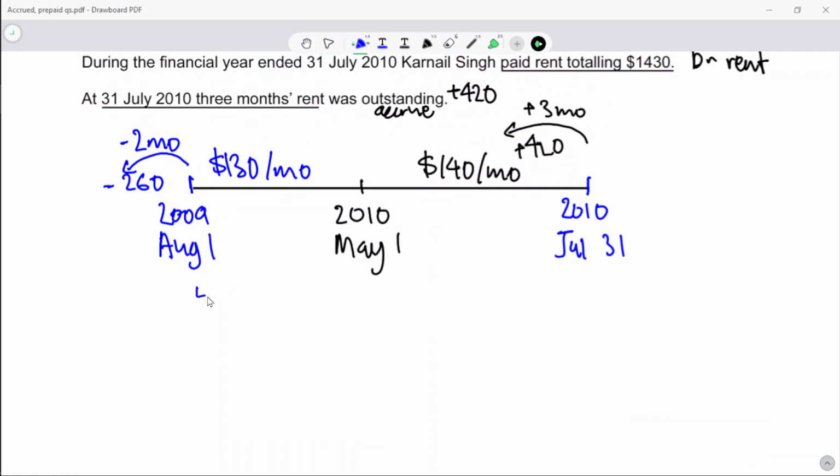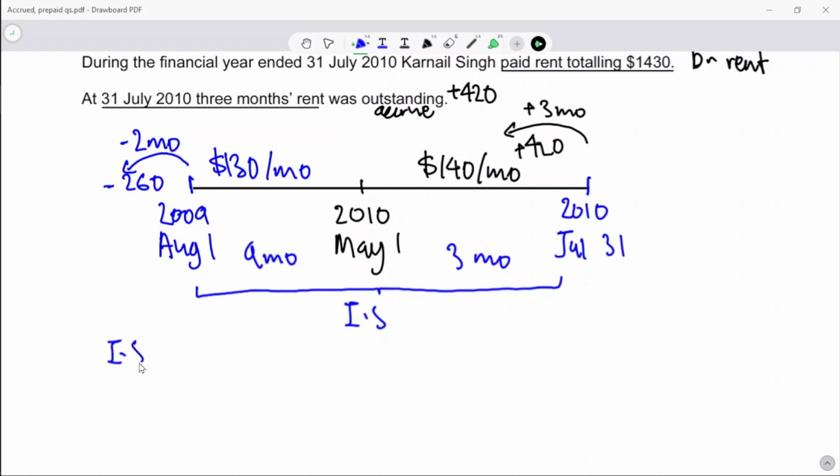Then the income statement is the whole year. Okay, so from here to here, I think is 9 months. So from here to here, 3 months.